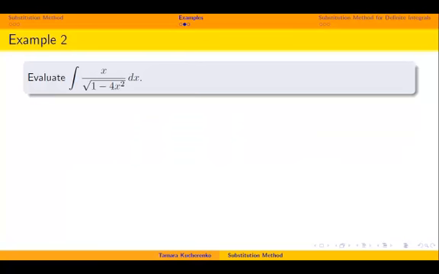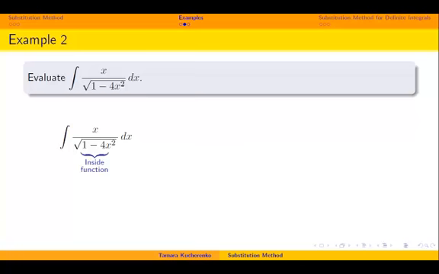The next example is to evaluate the integral of x divided by the square root of 1 minus 4x squared dx. The composite function in this integral is the square root of 1 minus 4x squared, and the inside function is 1 minus 4x squared.